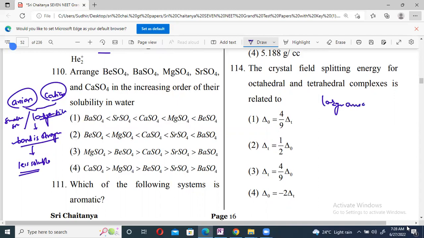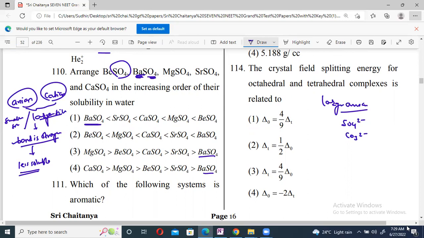Larger anion, you can say sulfate, carbonate, they are larger size, right? You can see these anions are the larger size. Beryllium, magnesium, calcium, strontium, and barium. So now larger the size of the cation, larger the size of the anion, stronger the bond, less soluble, right? So BaSO4 should be less soluble. It is here and here. May I correct? BaSO4 less soluble.